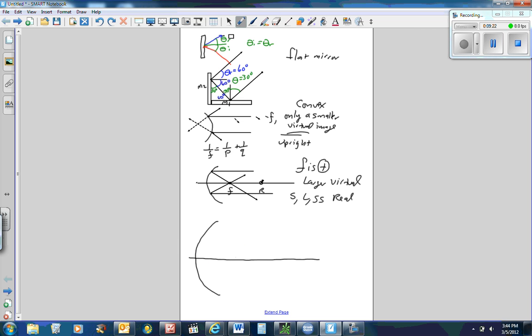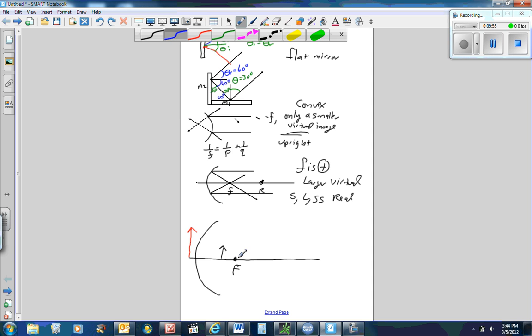So if this is my focal point, F, and I have an object right here, then the image is going to be a larger virtual image back here. In your book, I think it's on page 460. You really need to look over page 460. Yeah, page 460 has a bunch of pictures that'll really help you.